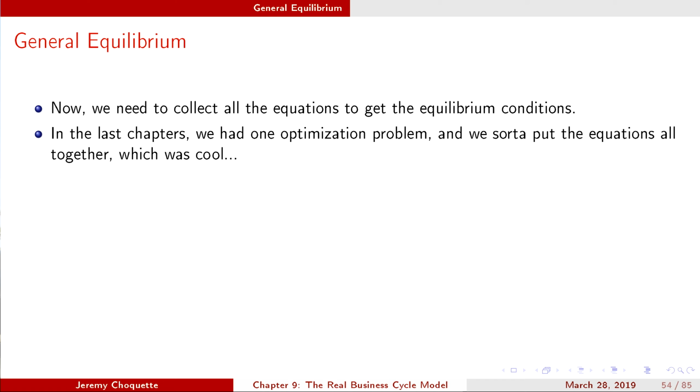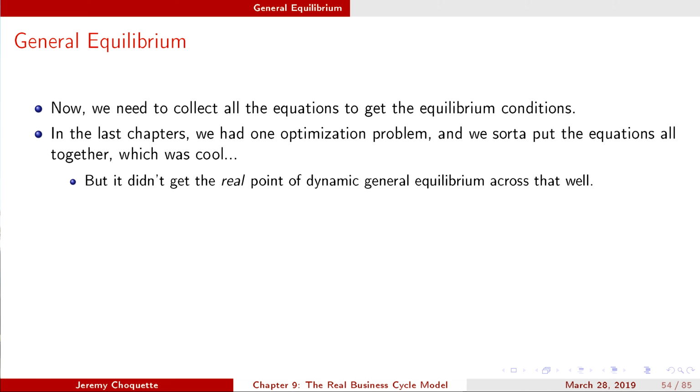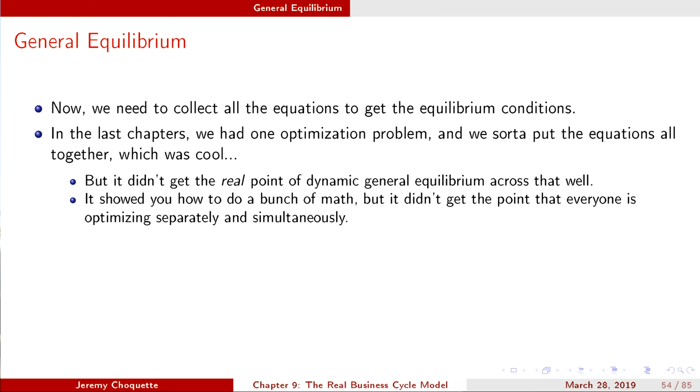So we need to collect all the equations to get our equilibrium conditions. Before we would just have one optimization problem and we just put all the equations together, which is kind of neat, but it didn't get the real point of dynamic general equilibrium across that well. It showed you how to do a bunch of math, but the point of optimizing separately and simultaneously wasn't really put forth.